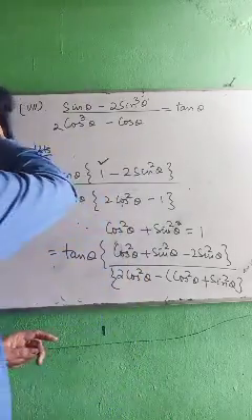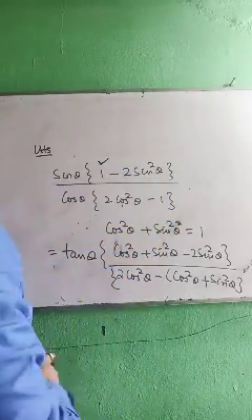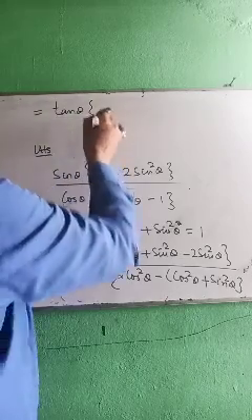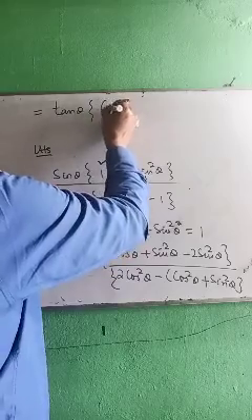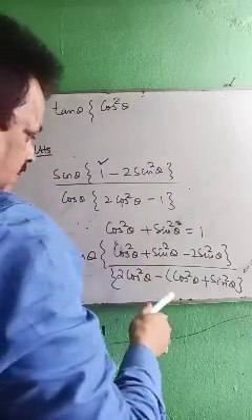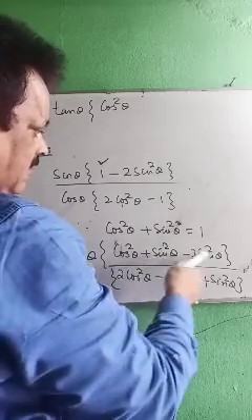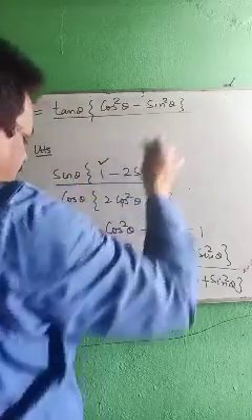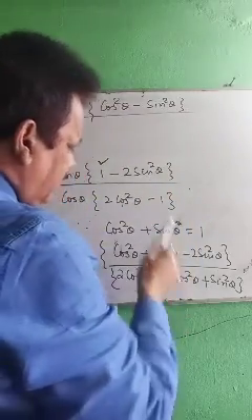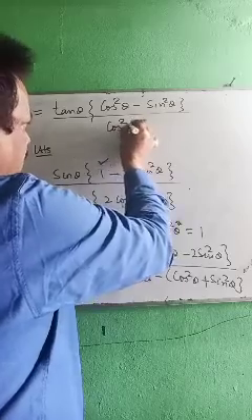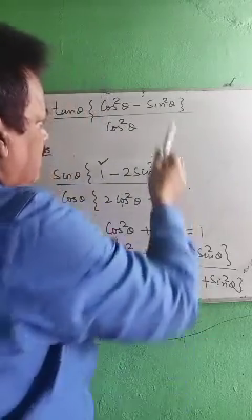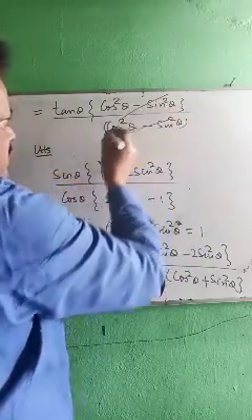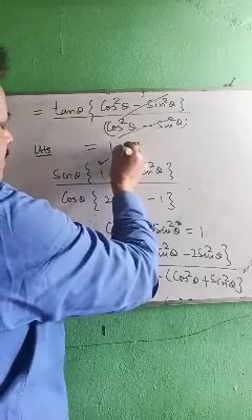So that will be tan theta, (cos square theta minus sin square theta) divided by 2 cos square theta minus cos square theta is cos square theta. Now look at here, minus into plus is minus, so minus sin square theta. Now look at, you got the same term cancelled, so how much you left out? Tan theta.